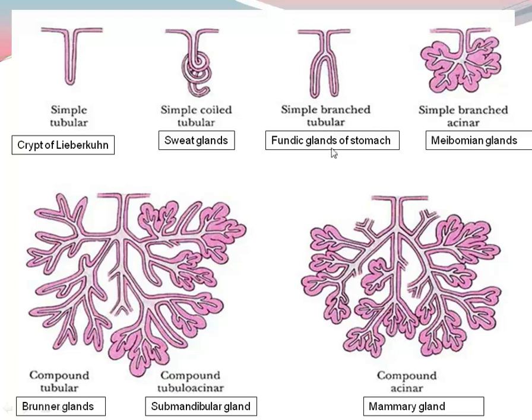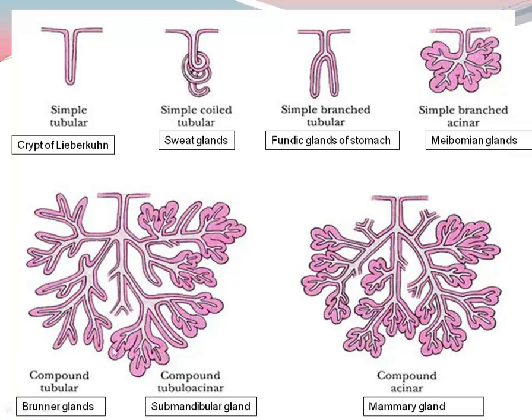That is found in the stomach fundic glands. So this is a simple branched tubular gland. Here, simple branched acinar. Many small acini are there, but not very much branching. All the acini unite together and pour their secretion through a single duct. So that is a simple branched acinar gland. An example is the Meibomian glands.